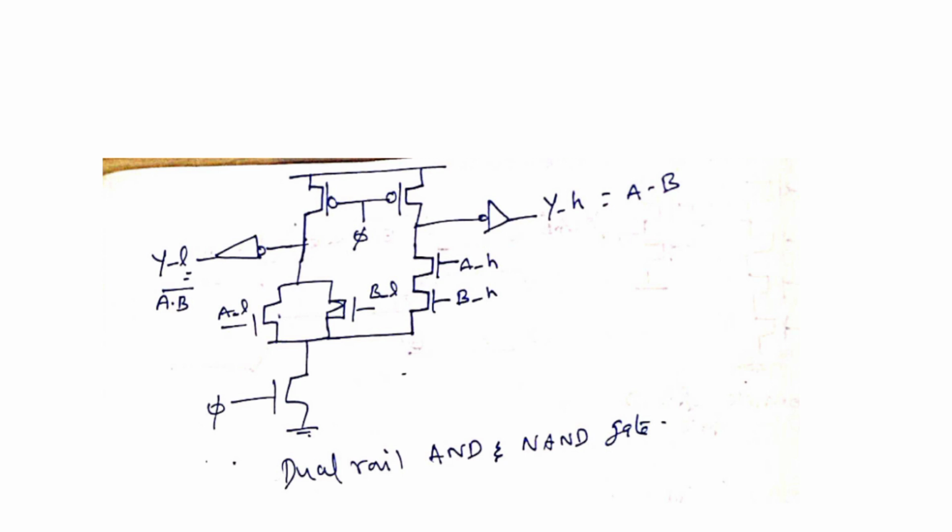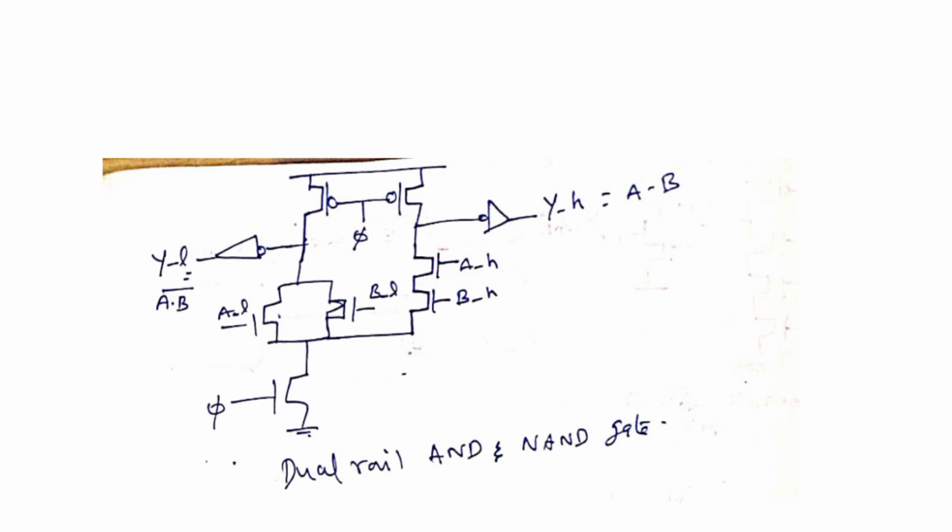For the OR and NOR circuit, only the NMOS transistor pull down network will vary. The remaining are all the same. Both PMOS transistors are tied together and triggered by clock, and as in footed dynamic logic, a footed clock transistor is also attached at the bottom of the circuit.